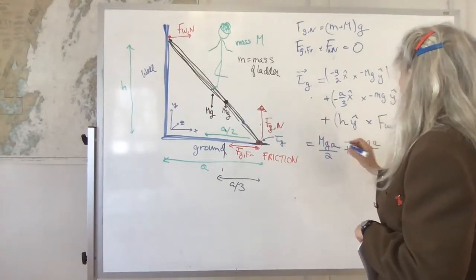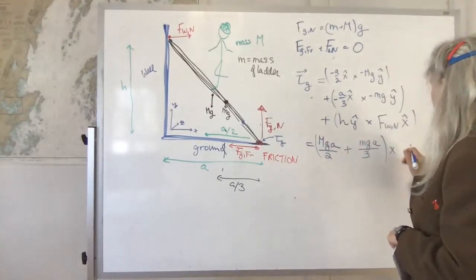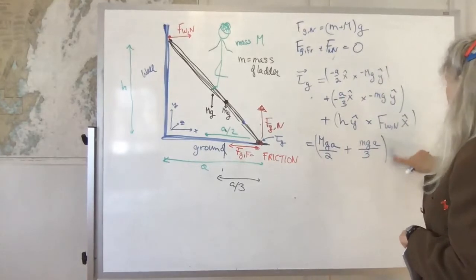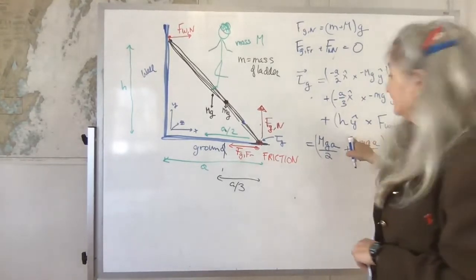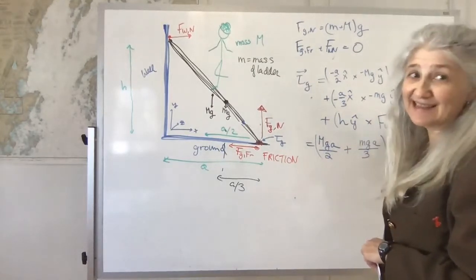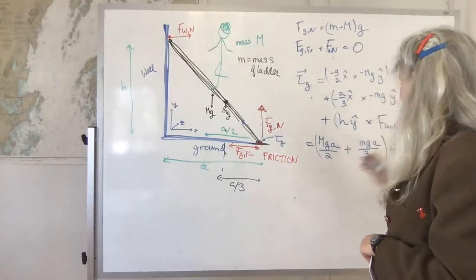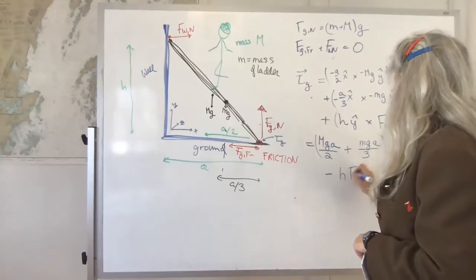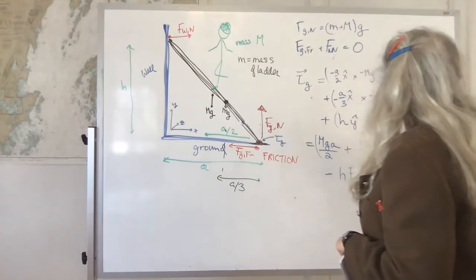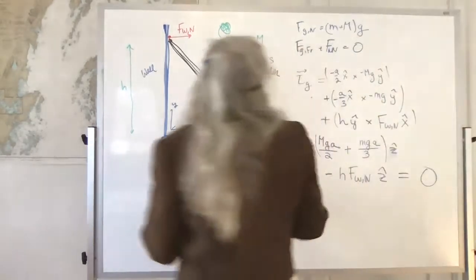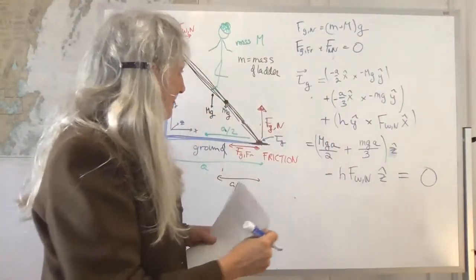Let's take these times z hat. So these are both positive, but y hat cross x hat is minus z hat. So it's minus h F wall N z hat. And this has to all equal 0 for torque balance.